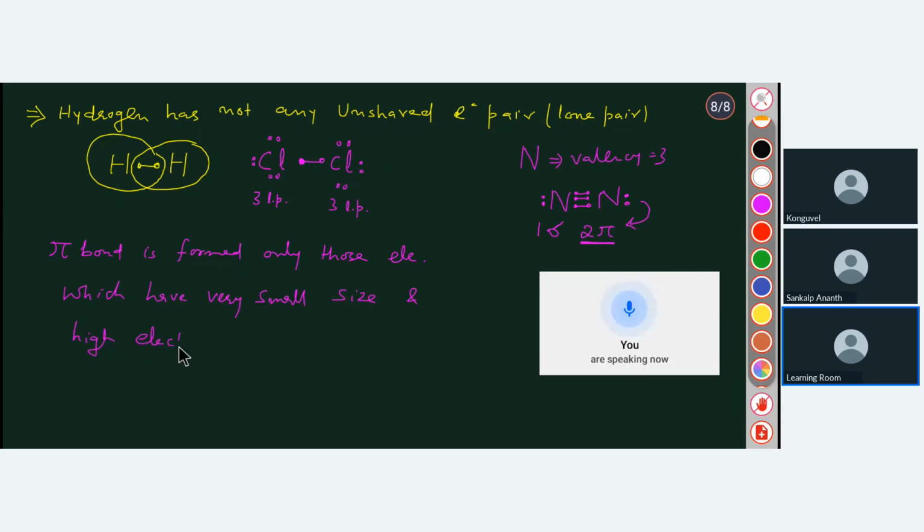Got it? Yes, sir. So chlorine has a bigger size and is not very electronegative. So that's why it will not form pi bond.